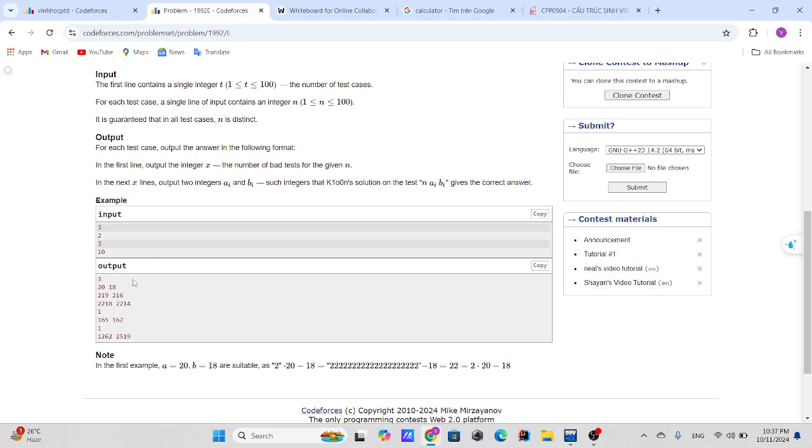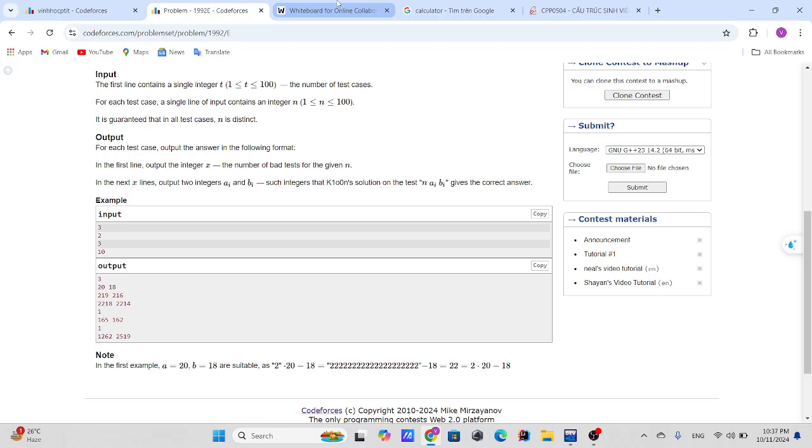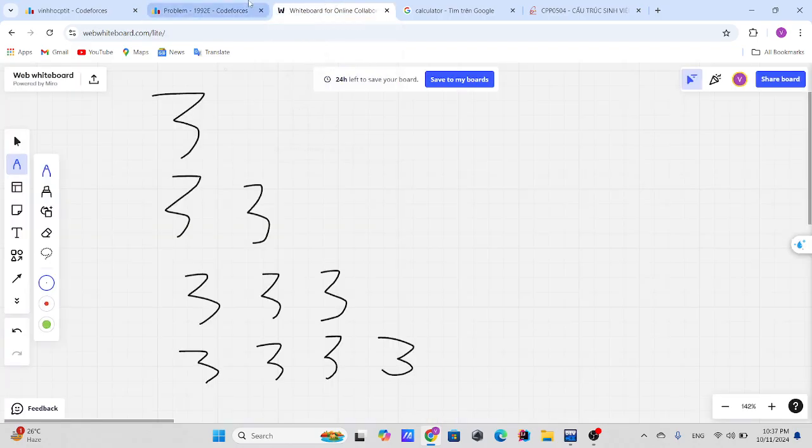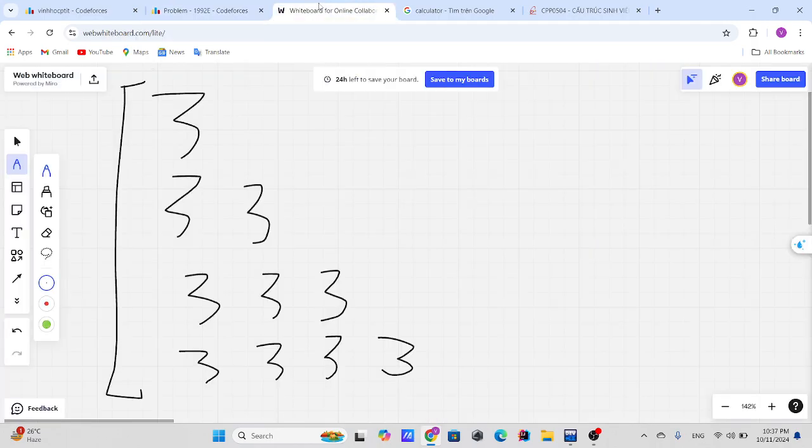Let's check 3. How can we check it? Because for each test case, there are only about 4 available numbers. So x is definitely smaller than or equal to 4. 3.